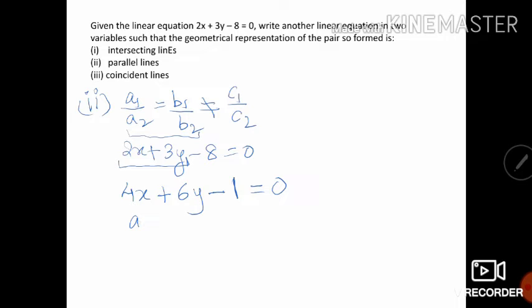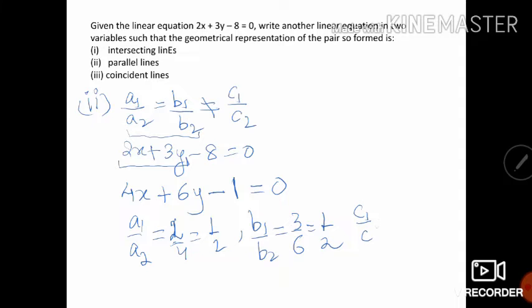Now check the ratios. a1 upon a2 is 2 on 4, which is 1 on 2, b1 upon b2 is 3 on 6, which gives us 1 on 2, and c1 upon c2 is minus 8 on minus 1, which is 8.